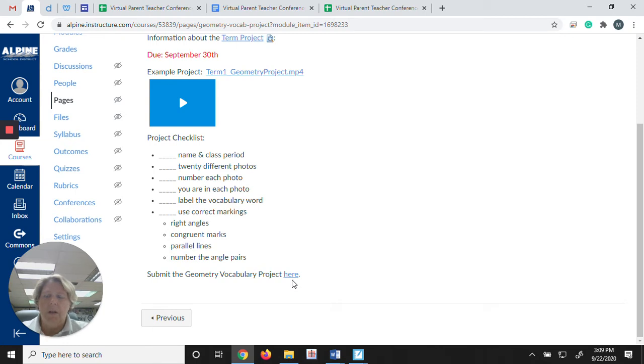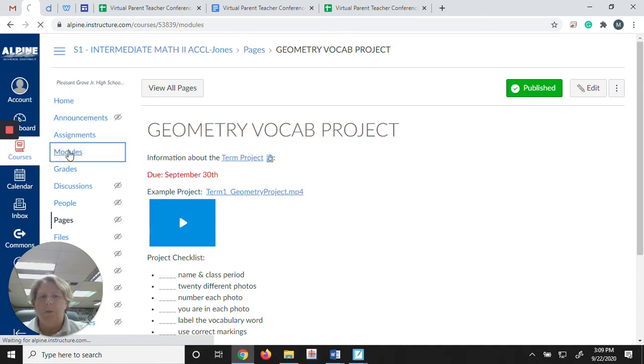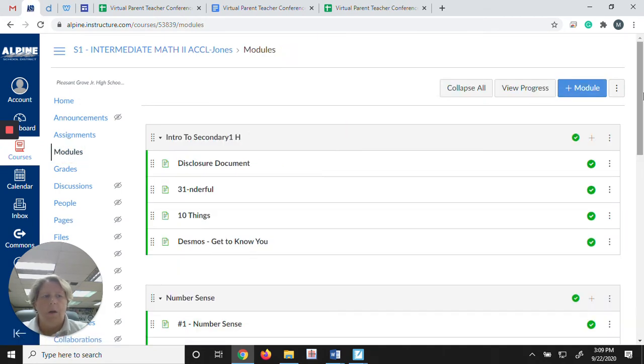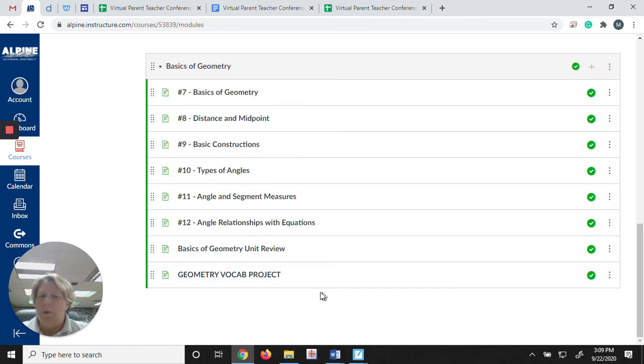If your child submits their project early, they are allowed to get some extra credit there. So I'm just going to jump back here to our modules. So again, coming up in this next week, we have the unit review, the unit test, and a project due. So that's what we've been doing, and this is where we find all of the information.